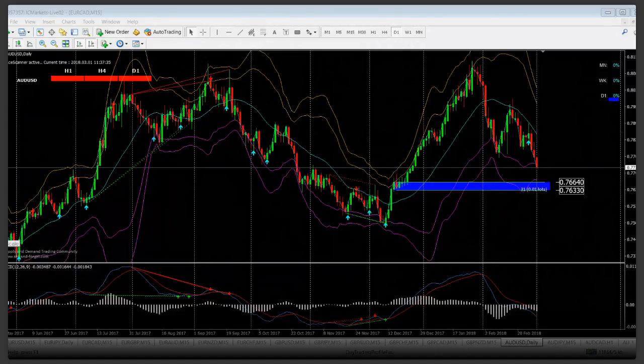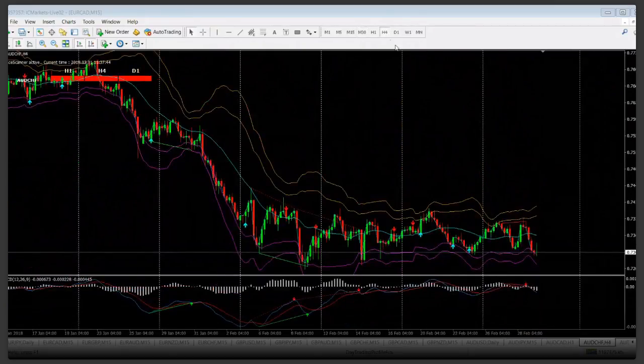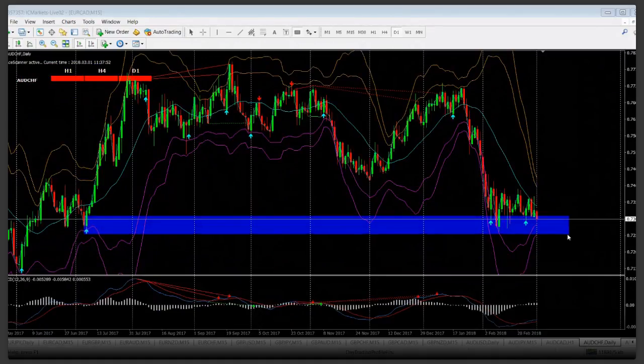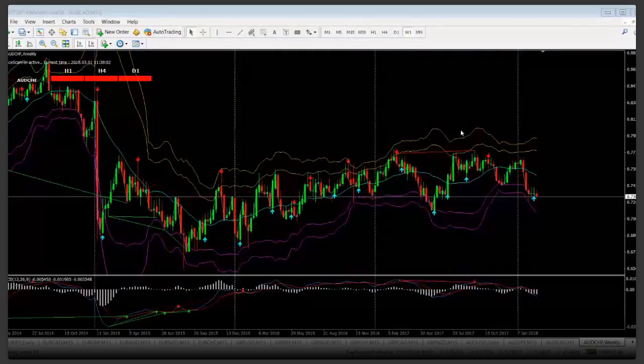Aussie Swiss franc sell. I don't really like trading the Swiss franc pairs because they don't really move much. There's a sell signal there. Everything's red. But you can see in the 4-hour chart, it's just really congested price action at this zone down here. You can look at the weekly chart there. See, it doesn't really move much.